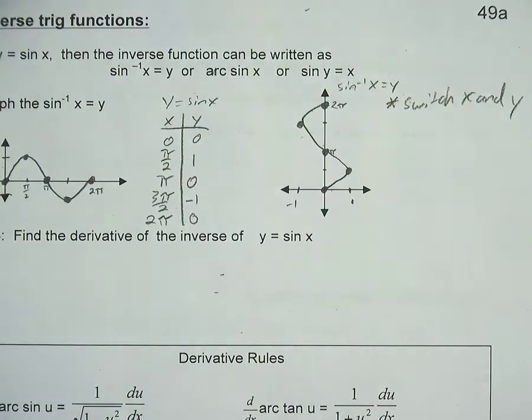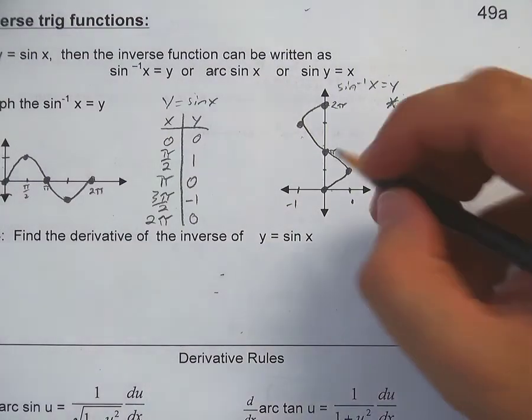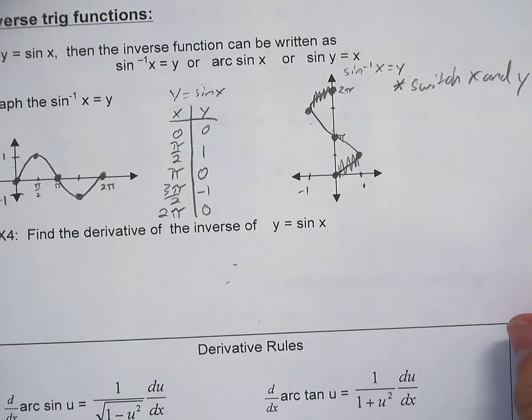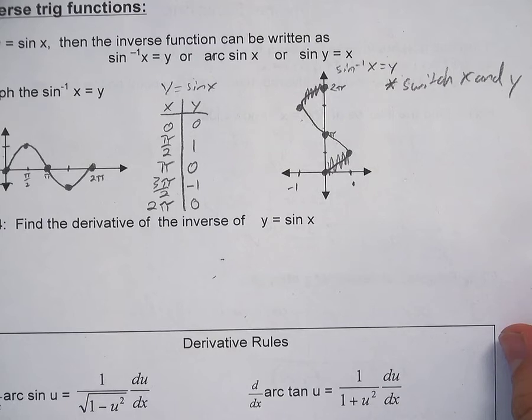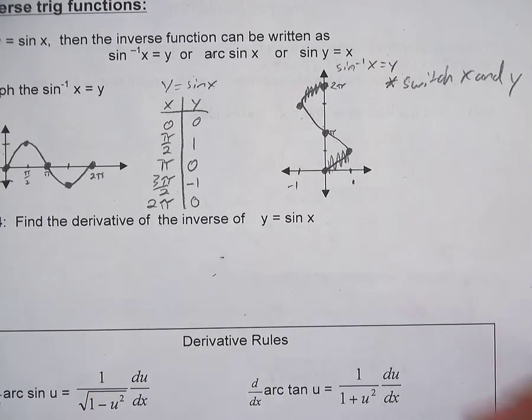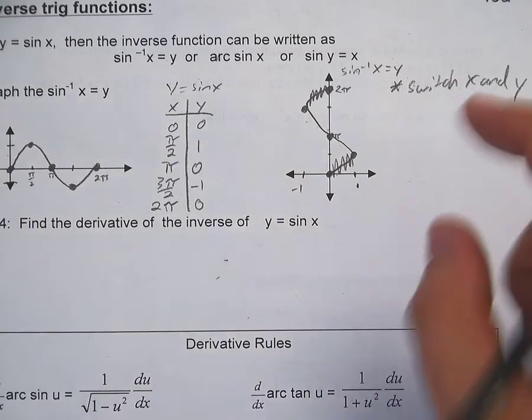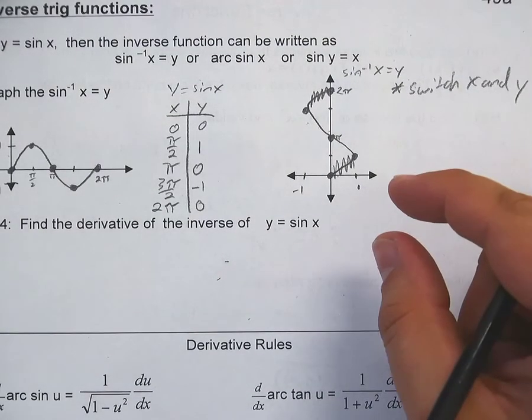This all has to be a function. So what I'm going to do is get rid of the two little pieces that overlap. And I'm going to say that only a piece of this will actually exist.